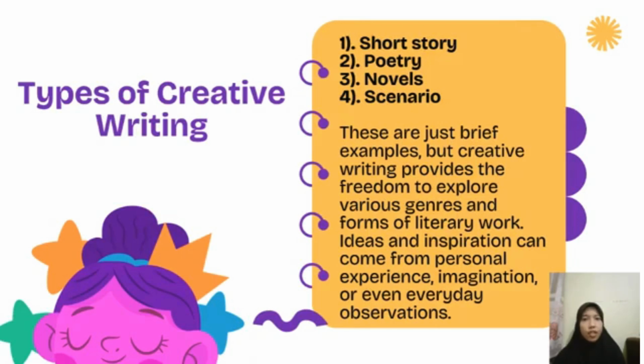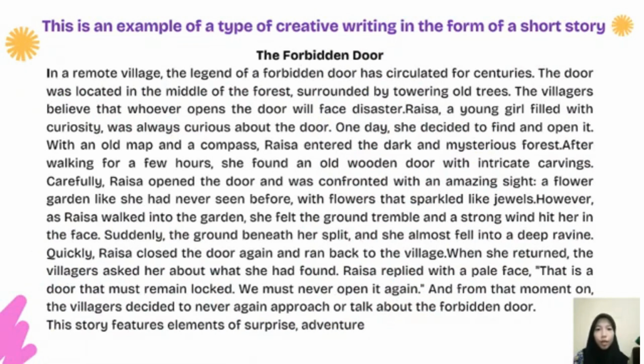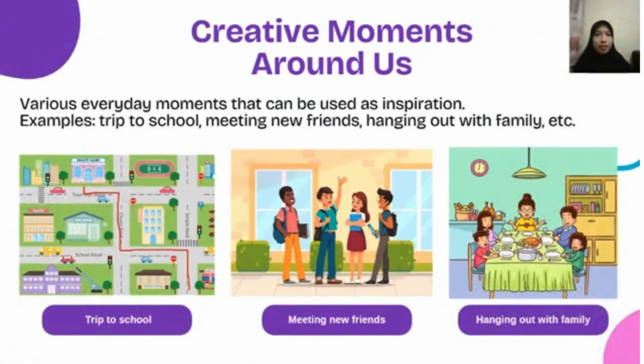Ideas and inspiration can come from personal experience, imagination, or even everyday observation. This is an example of a type of creative writing in the form of a short story, and the title is The Forbidden Door. Creative moments around us. Various everyday moments can be used as inspiration. For example, we can see in the pictures below.